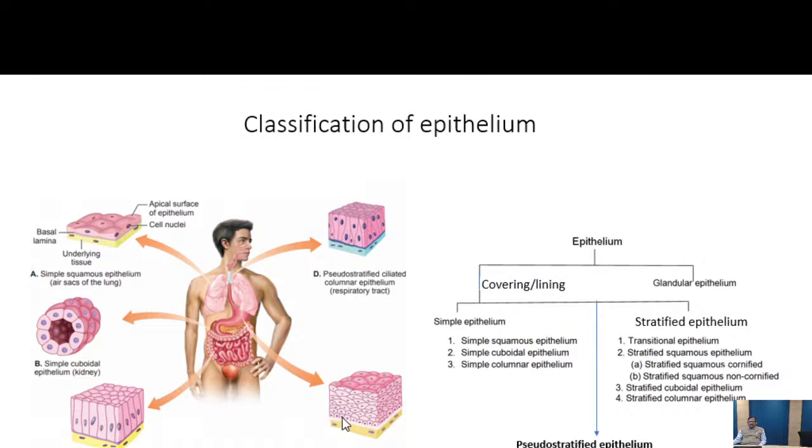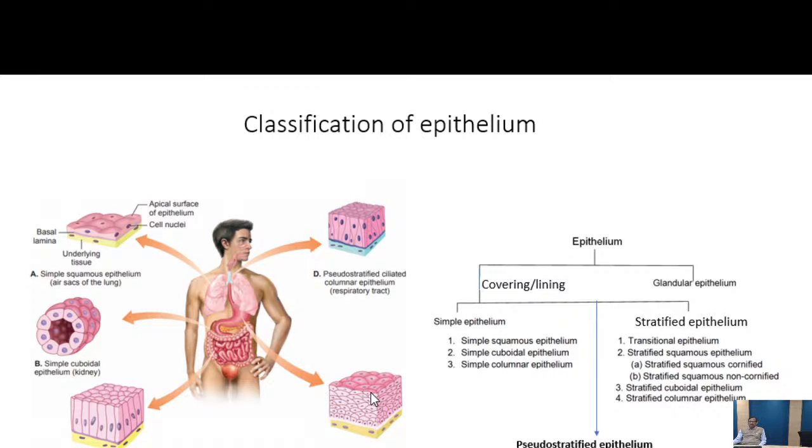But if you look at the shape of these cells, based upon which this classification is made, you will see that only the superficial cells are flattened like this. The deeper cells appear to be more rounded and almost like cuboidal or columnar at the bottom. So stratified squamous epithelium is named from the shape of the superficial cells which are lining the surface of this epithelium.